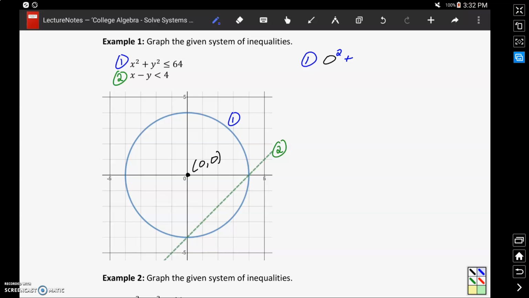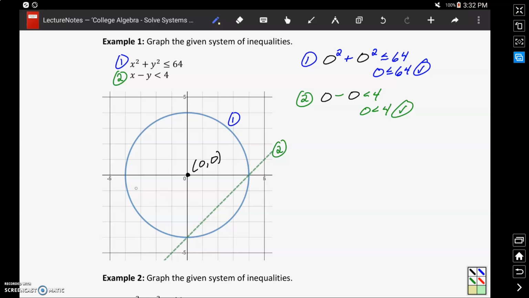Plugging that xy coordinate pair into our first inequality will give us 0 is less than or equal to 64, which is true. We need it to make both inequality statements true simultaneously, though. So we'll also plug that pair into the second inequality, which will give us 0 is less than 4, which is also true.